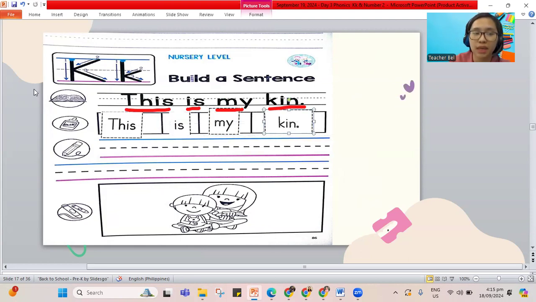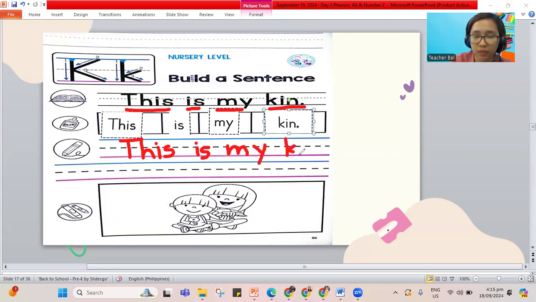This is my kin. And let's write the sentence, line down and make the top of your T, like the hat. This, T-H-I-S. This is my kin.